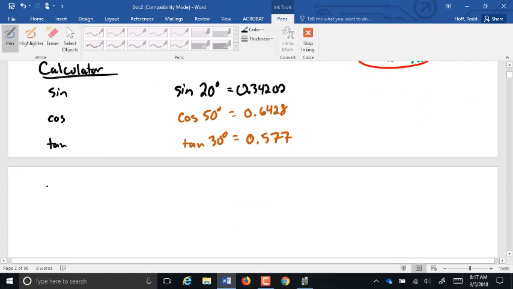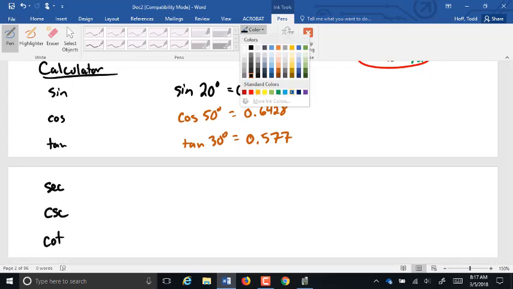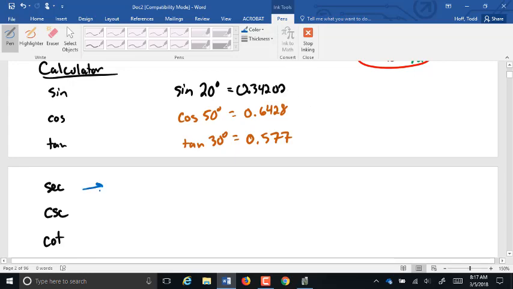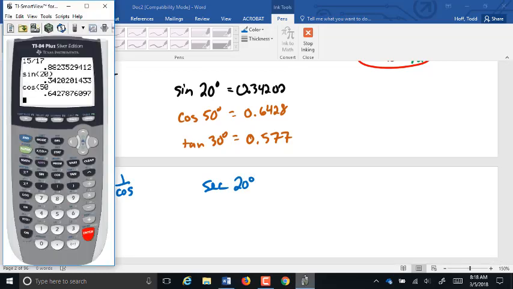To find secant, cosecant, or cotangent, you have to remember they are reciprocals. Secant is the reciprocal of the cosine. So to find the secant of 20 degrees, we have to do this.